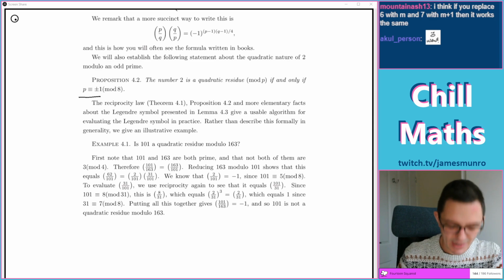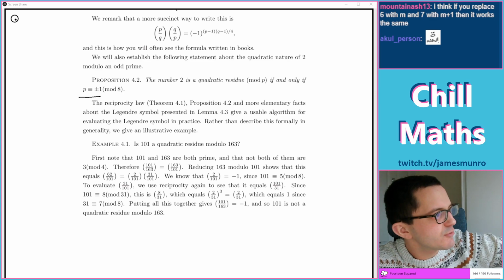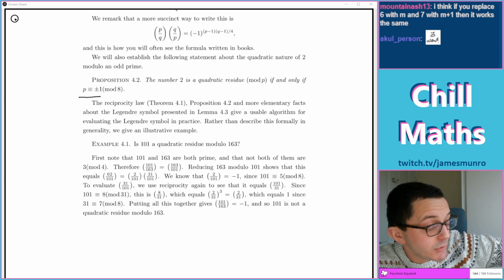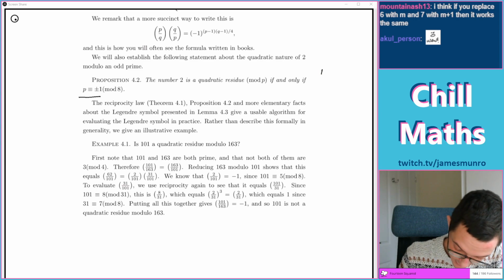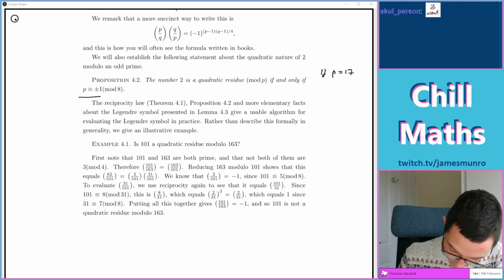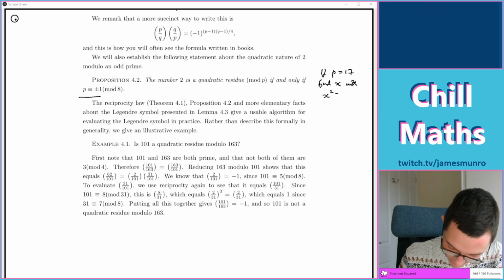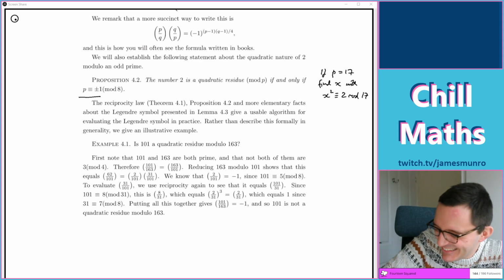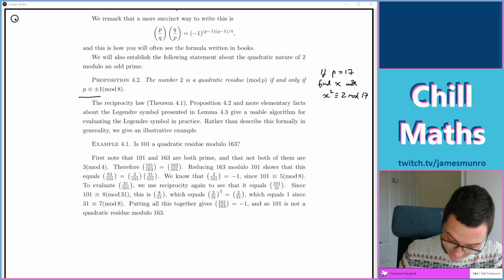So number 2 has a kind of square root. Do I even believe this? If P is 1 more than a multiple of 8, so for example 17, find x with x squared is equivalent to 2 mod 17. That feels impossibly difficult. No, it's 6.